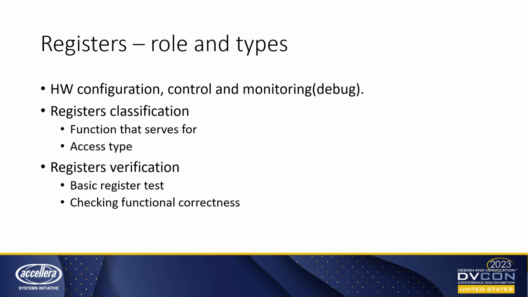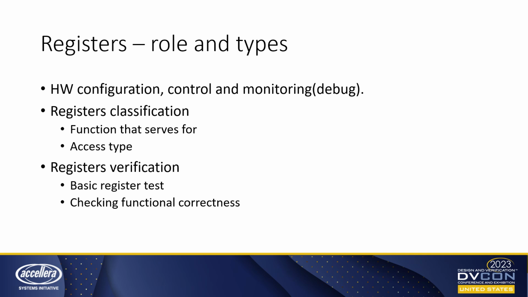Regarding register verification, basic implementation correctness, such as the ability to access all registers, checking post-reset values, and correctness of all access types for different fields, is typically verified by a single dedicated test that exercises only that. The more challenging task is to check the functional correctness of registers.